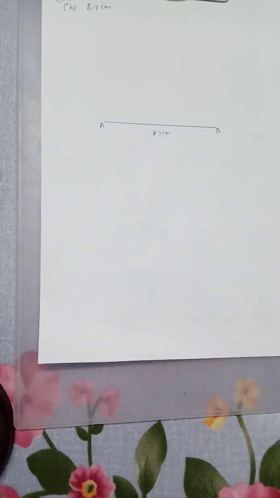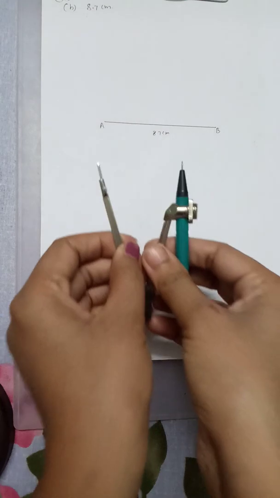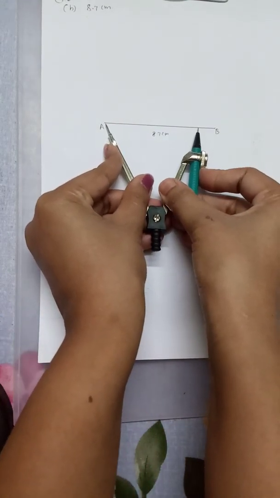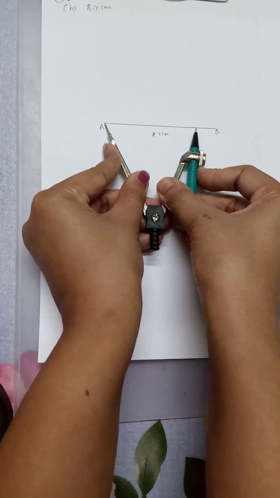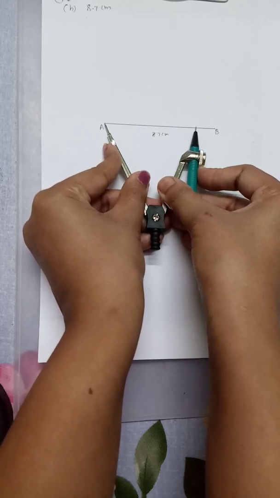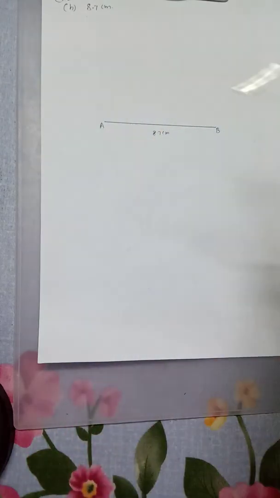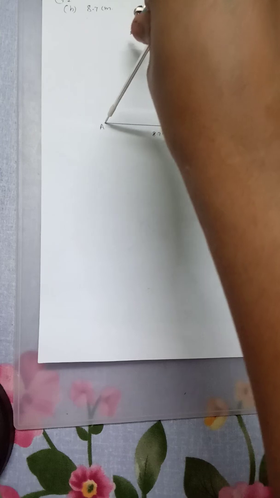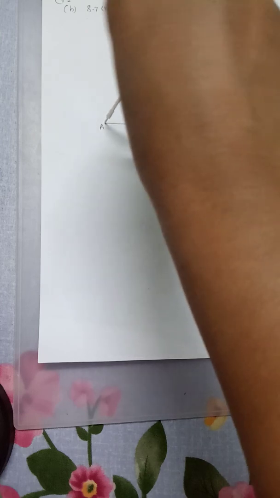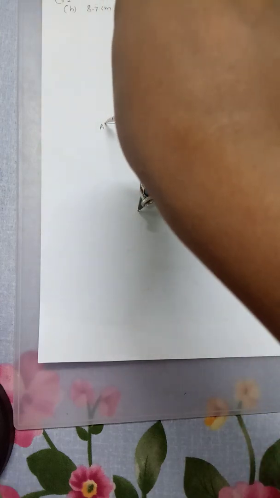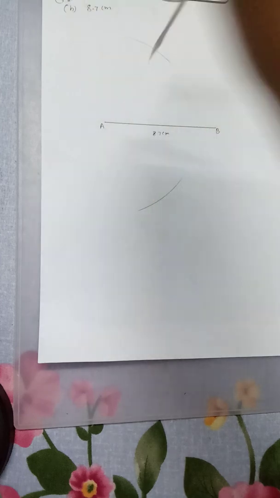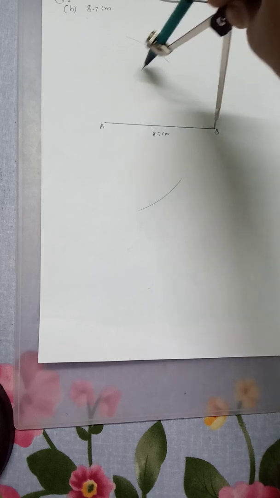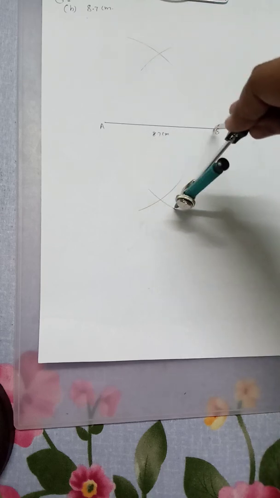Now we have to draw the perpendicular bisector of this 8.7 line segment. Same method: we open the compass more than half of AB, like this. Now with A as the center, I'll put my compass and draw one arc this way. With the same radius, don't change it, draw another arc. Now with B as the center, intersect the previous arc.